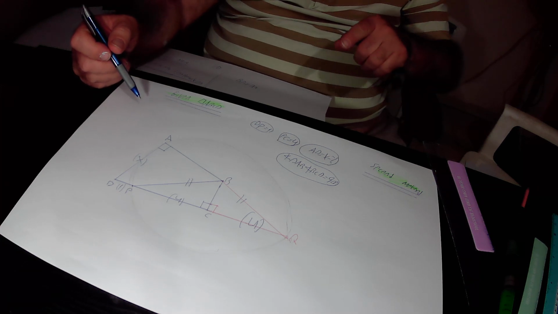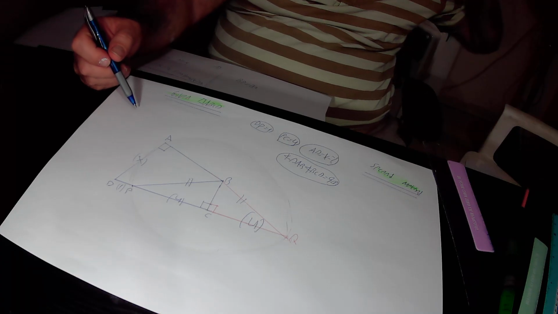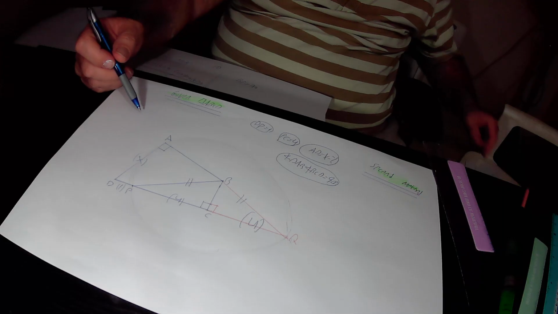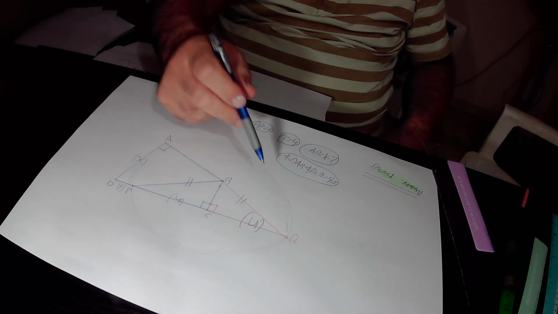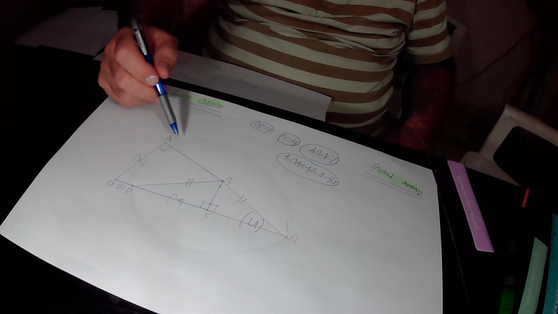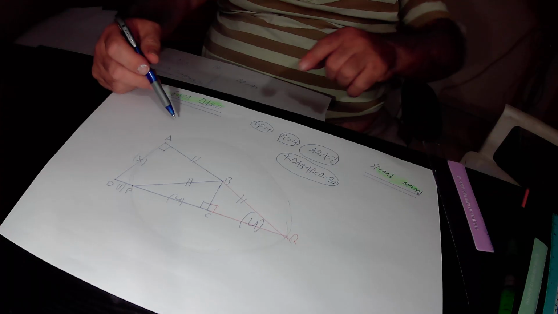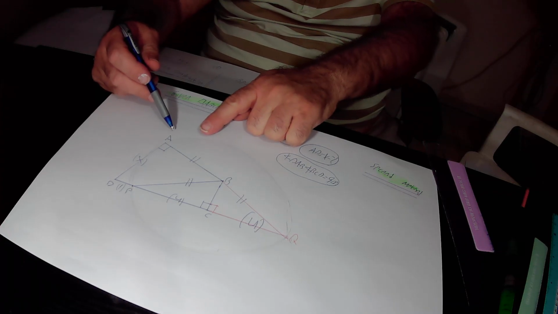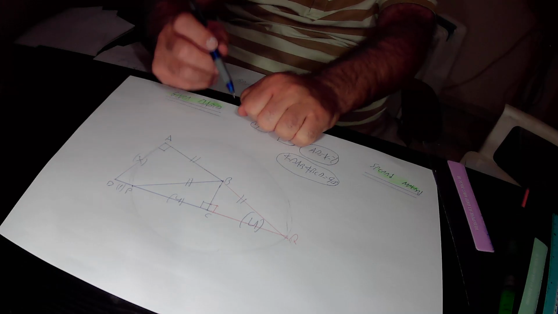But according to what is given in the question, we know that AB equals BP. So we found out that those three line segments AB, BP, and BQ are equal to each other.